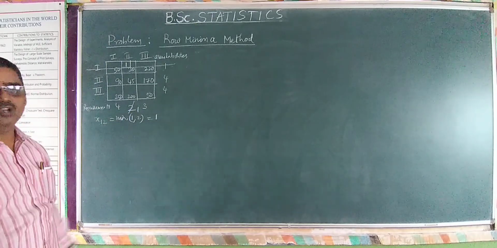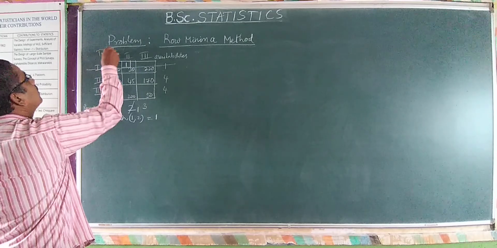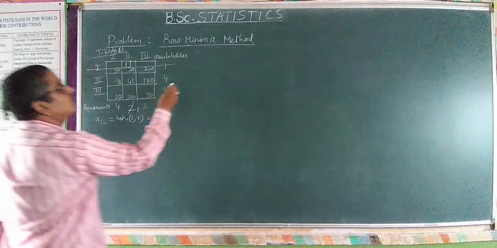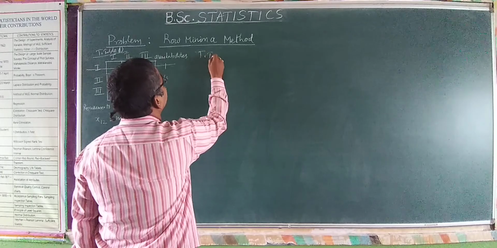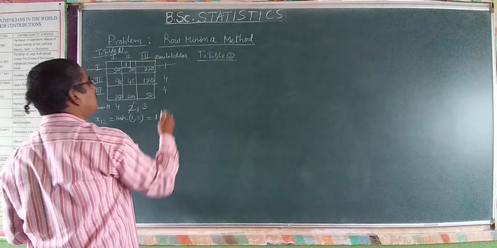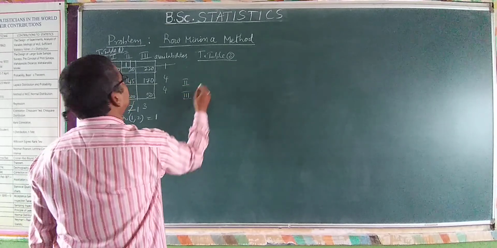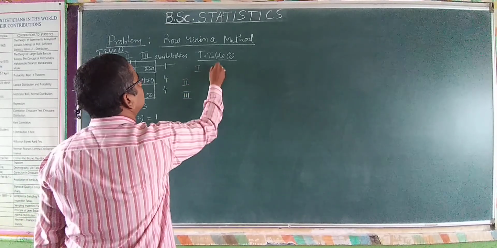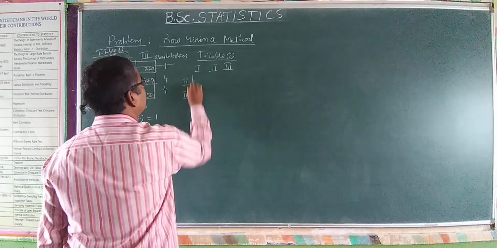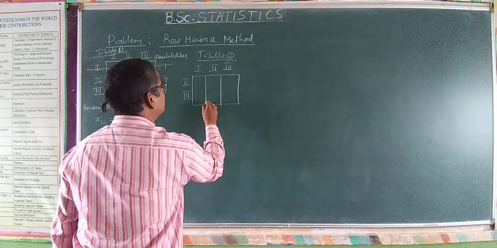If this is transportation table 1, then I am considering transportation table 2 here, with the remaining origins and the 3 destinations.